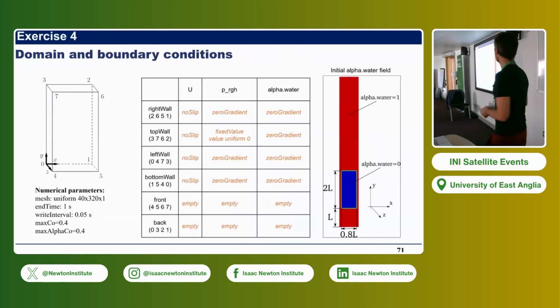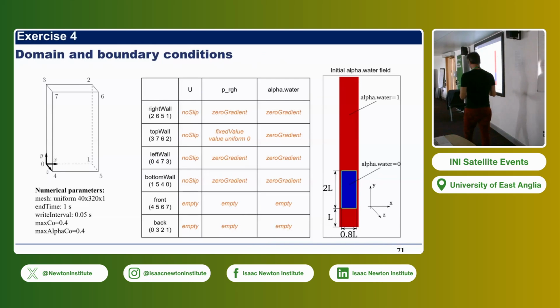And the domain box this time is much more simple, so it will be just a box with 8 vertices. I suggest using 40 cells in the x direction, 320 in the vertical direction, with a certain maximum Courant number. These are the boundary conditions I recommend.